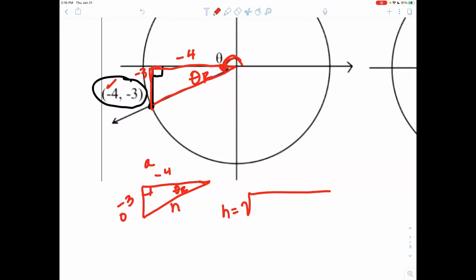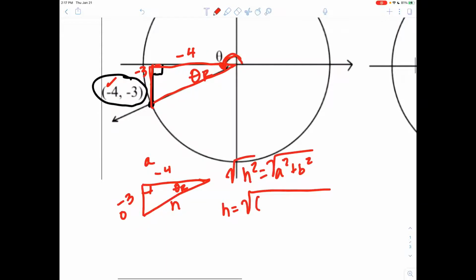A squared plus b squared equals c squared, so hypotenuse squared equals a squared plus b squared. And then you take the square root of both sides, right? So that would be negative 3 squared. And guys, it's really critical when you plug it into your calculator that you put parentheses around the negative 3 and negative 4 squared.